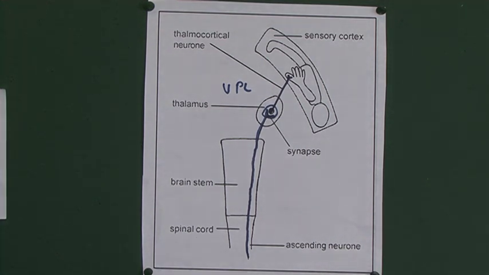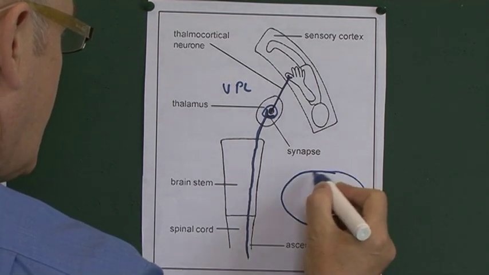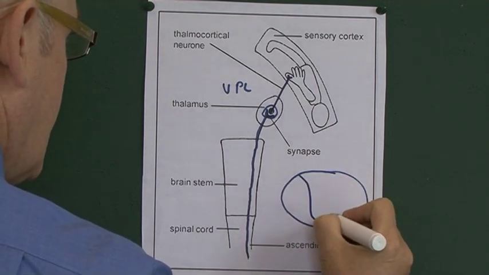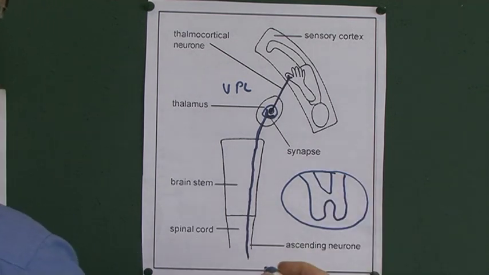Now, it's always a little more complicated, of course, because there's actually two parts to the spinothalamic tract. The C fibres tend to travel up in a more medial pathway. So here we have the spinal cord, and as we know, there's the grey matter and the white matter.